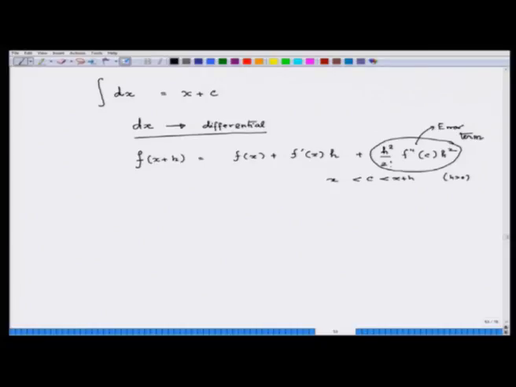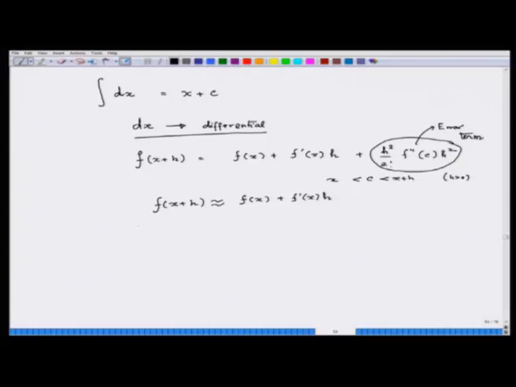Now, effectively when h is very small, I can write this as, that is, when the distance between x and x plus h is very small, I say that the value of the tangent line and the value of the function are very near, they are almost the same.